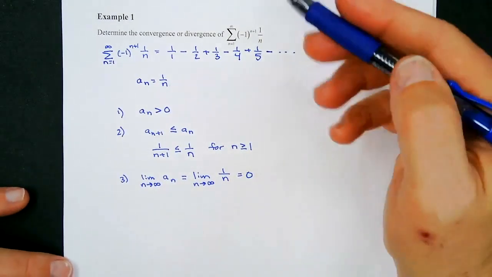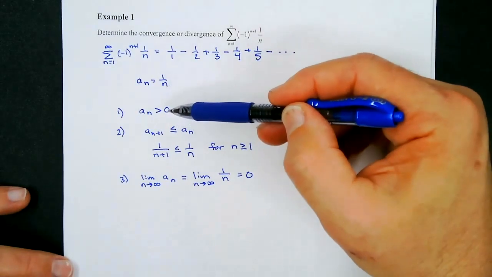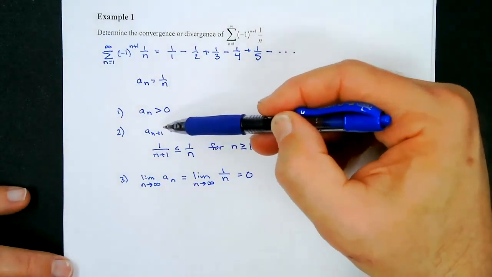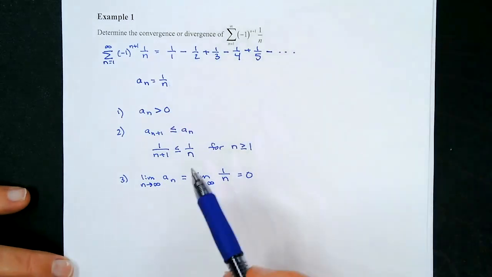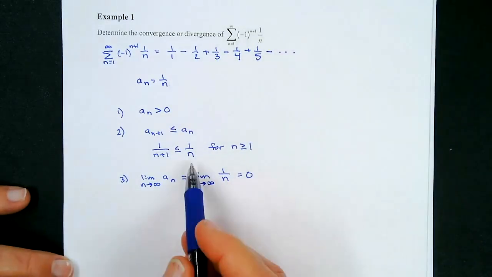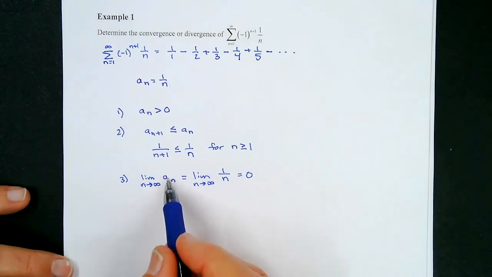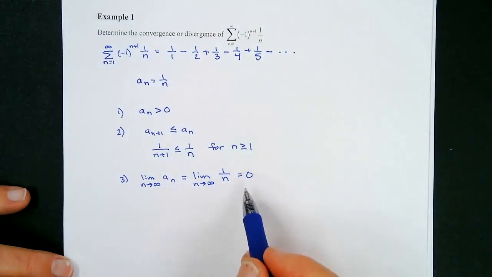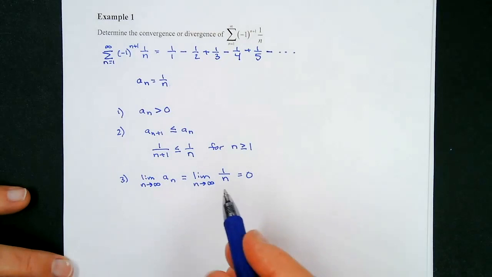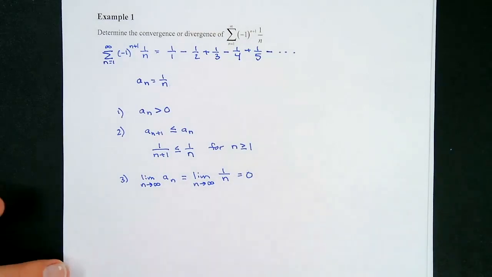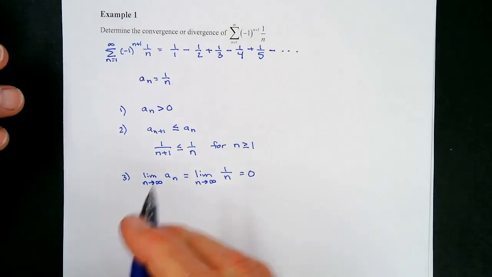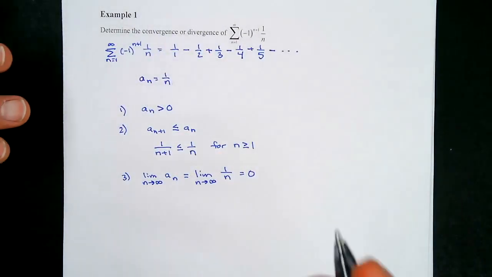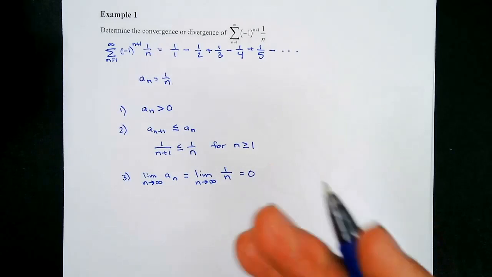Okay, so we established that all the A sub n terms are positive, that the next term is, in this case, always going to be smaller than the previous term, okay? And then the limit as n approaches infinity of A sub n is equal to 0. So the terms are getting smaller and smaller and smaller, because that's why this is going to go to 0, okay? So each individual term is getting smaller and smaller and smaller, okay? So we've established those 3 things. Therefore, we know that this series converges.